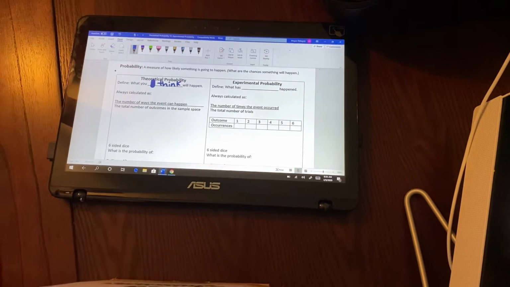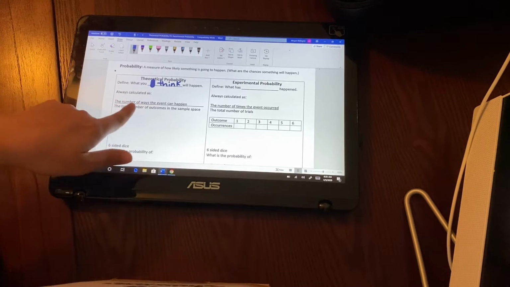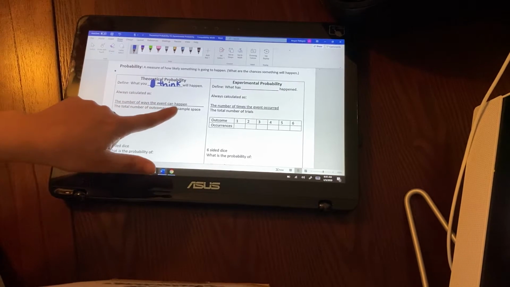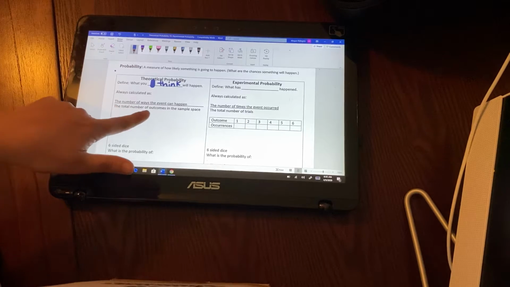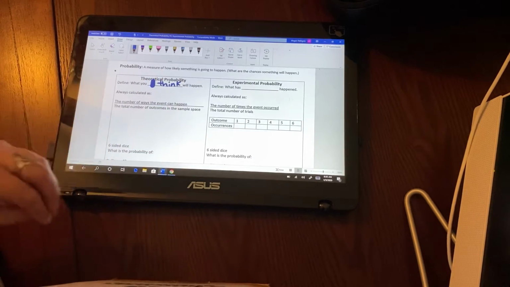It is always calculated as the number of ways the event can happen out of the total number of outcomes in the sample space.